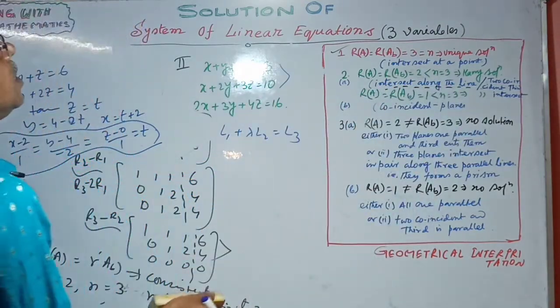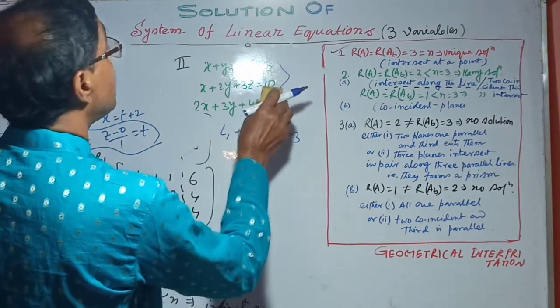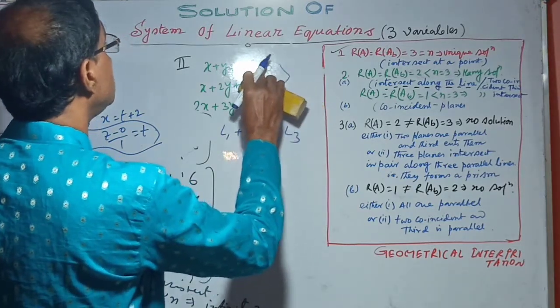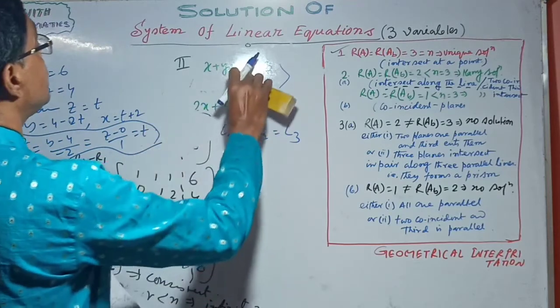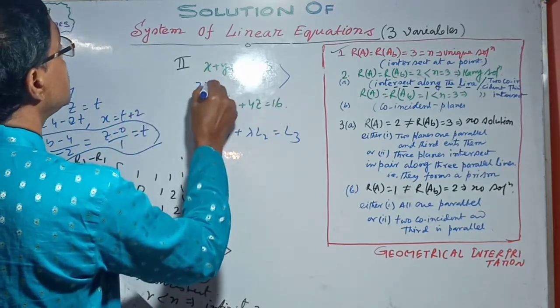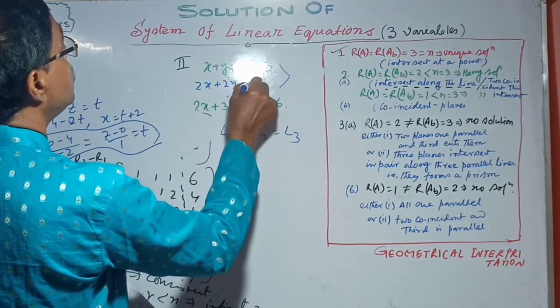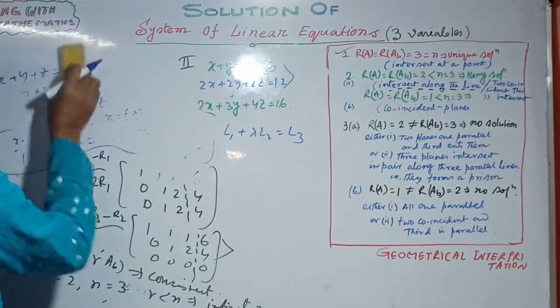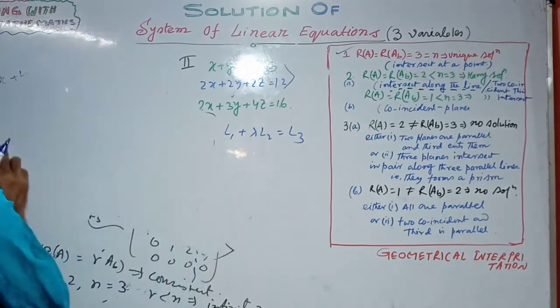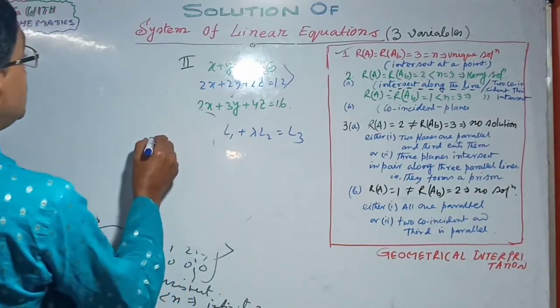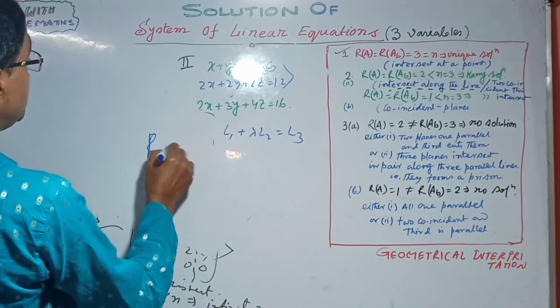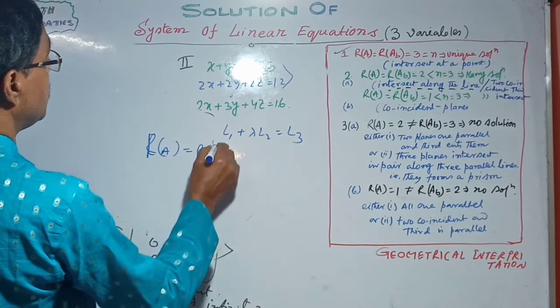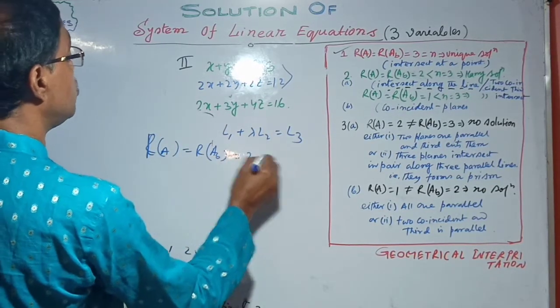Otherwise, if we change this equation to 2x plus 2y plus 2z equals 12, this also reduces to the form where rank of A equals rank of the augmented matrix, also 2.